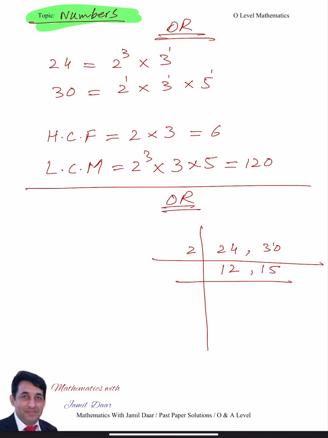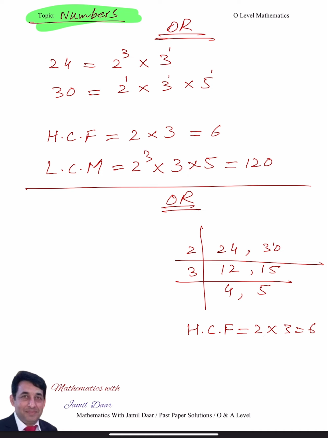So we divide by 3: 3 fours are 12 and 3 fives are 15. Now there is no more common divisor. So HCF is the common factors only, 2 times 3, which is equal to 6.